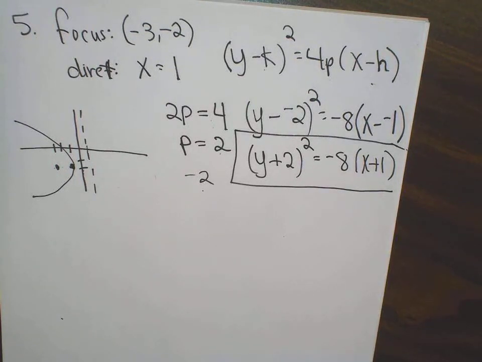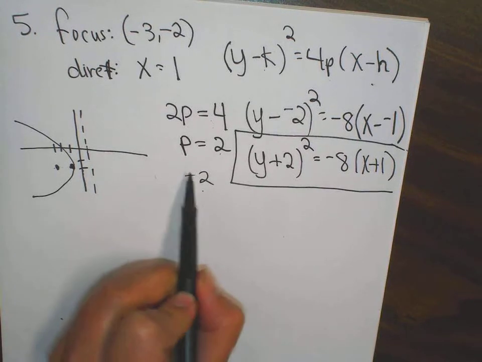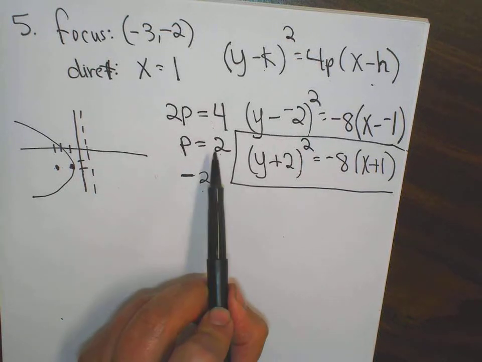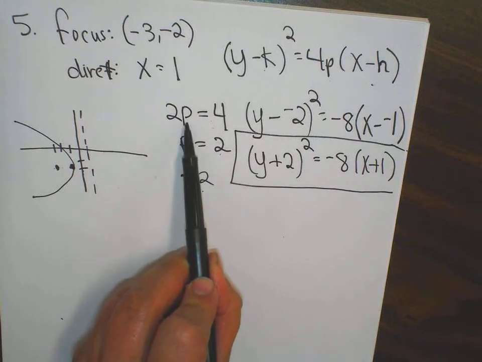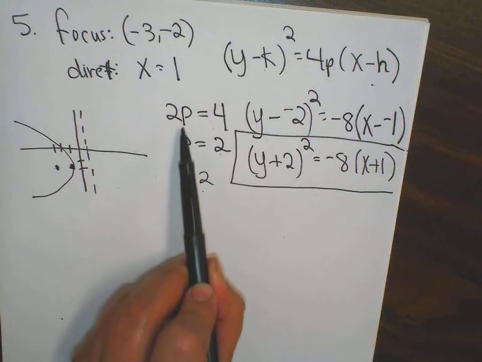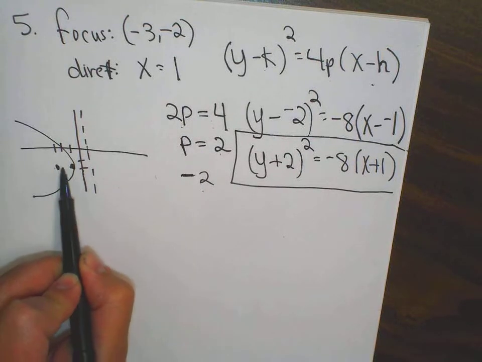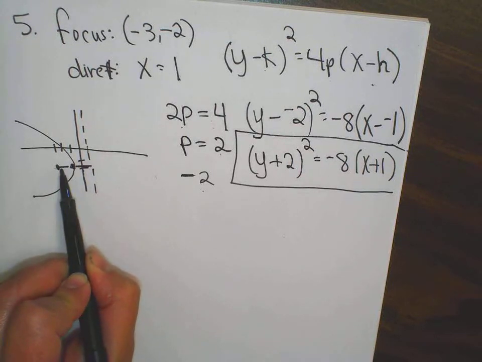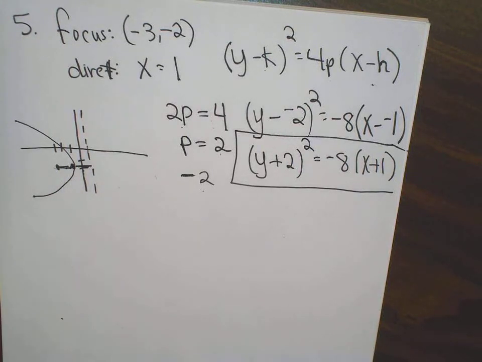Why do we use a -2 instead of just the regular 2? When I'm finding my value of P this way, I'm looking at just the length between the two, and lengths are always going to be positive.